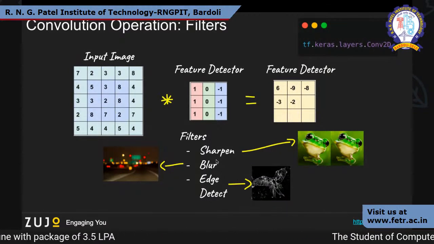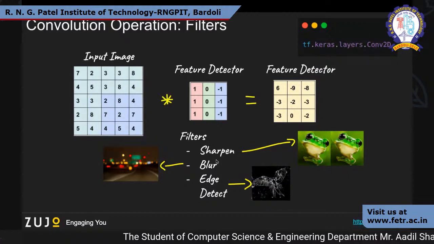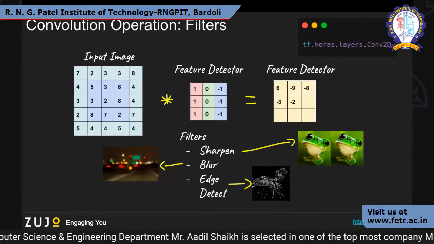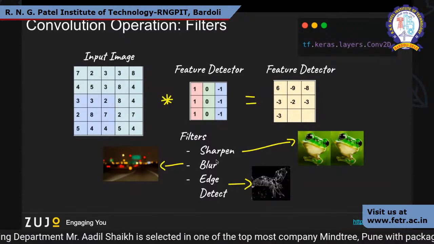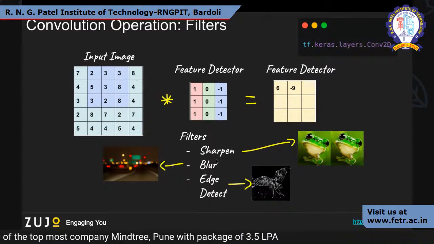The result, you can see, for the first 3 by 3 patch times the feature detector is equal to 6, and then the second is 9, 8, 3, -2, -3, and so on and so forth.